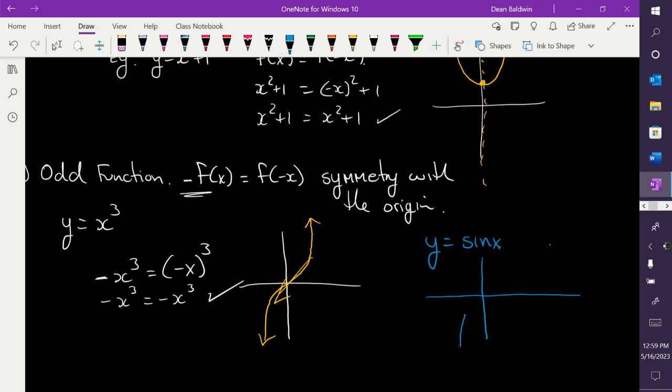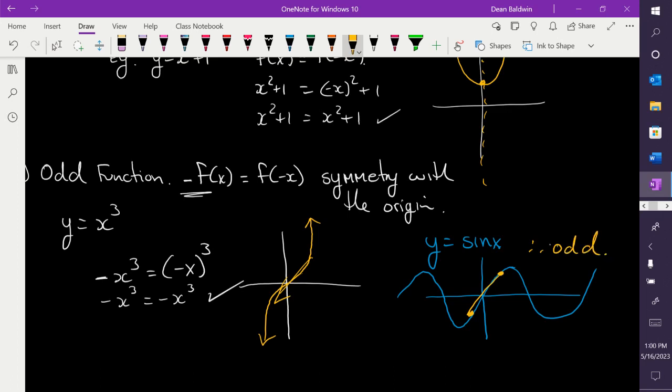Looks like this, right? But we know that it goes like that in both directions. So just looking at that, is sine even or odd? It's odd, right? Because it has symmetry with the origin. Essentially being reflected across like that. Therefore, sine is odd.